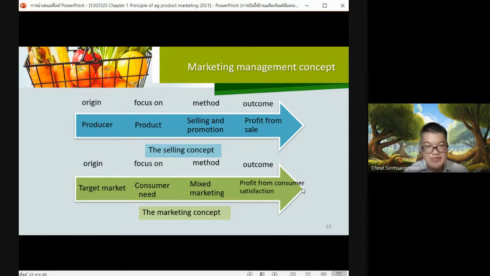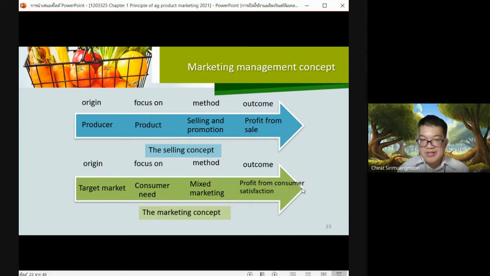But it's different from the marketing concept, in which you focus on the target market first. Who are you going to sell to? Who is your consumer? Then think about what the consumer needs, and then you use integrated methods like the marketing mix. Sometimes the quality might not be very good, in the medium range, but you apply other things like communications and promotions to it.